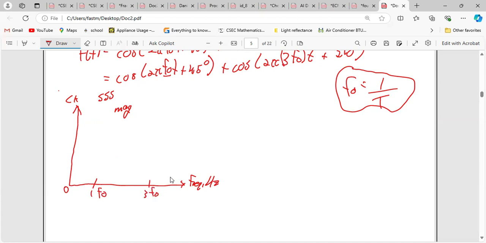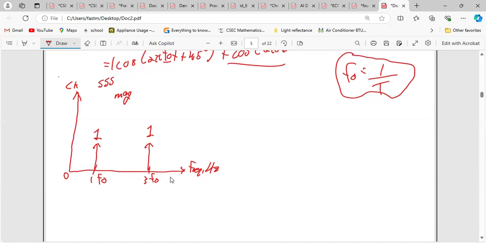The magnitude for the 1 F naught is 1, it's understood, and the magnitude for the 3 F naught is also 1. And if I wanted to go from the single-sided to the double-sided, the frequencies will invert and the magnitudes will be halved.